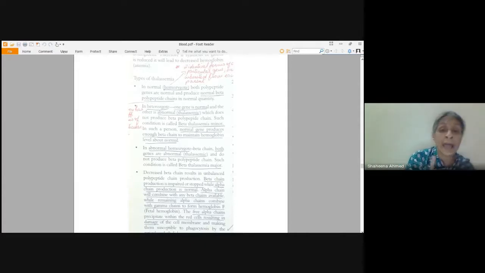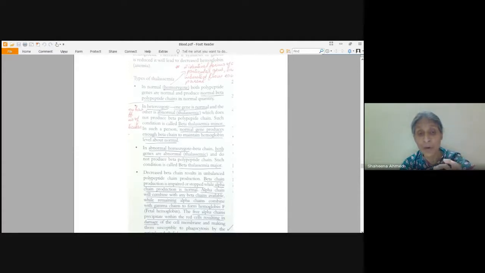Now, in abnormal homozygote, please look at the two definitions. In normal homozygote, both genes from parents are normal. In abnormal homozygote, both genes from either parent are abnormal.